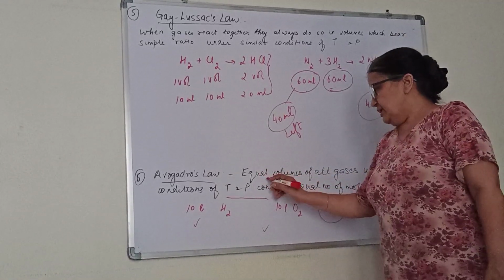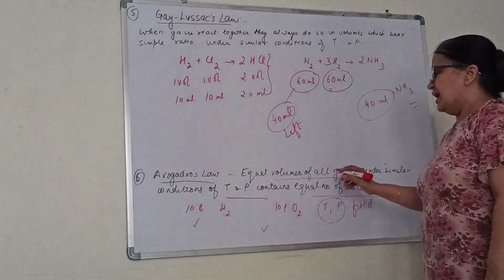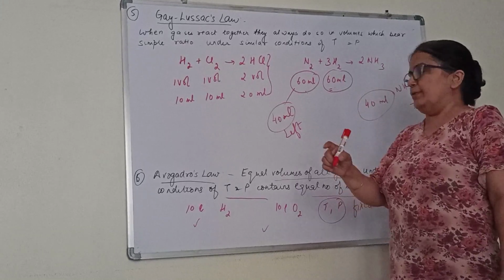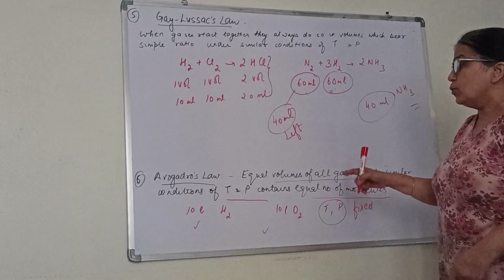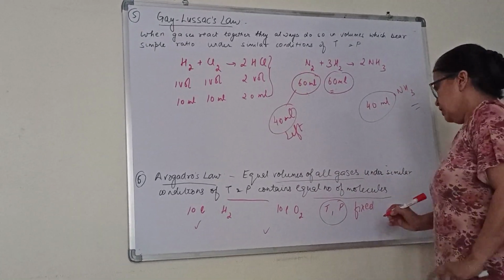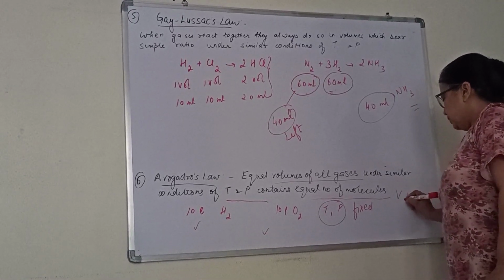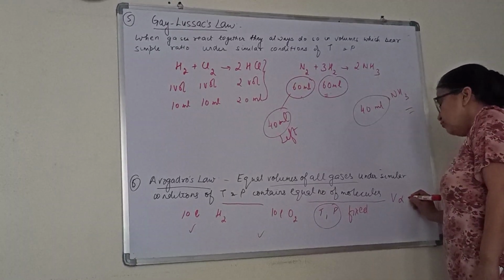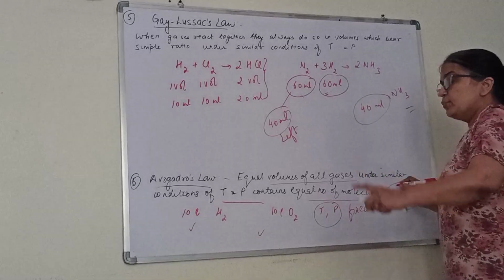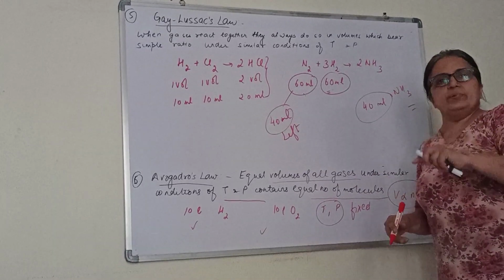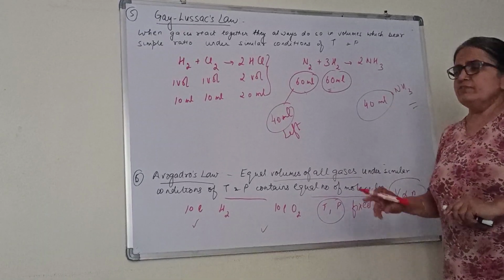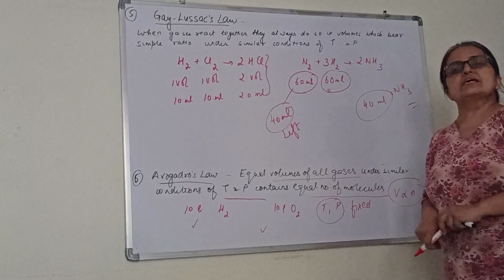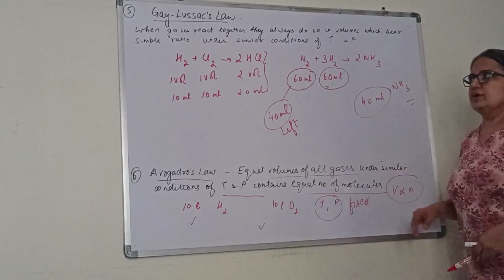So it says equal volumes of all gases under similar conditions of temperature and pressure contain an equal number of molecules. So we can say volume is proportional to the number of molecules present in them, provided temperature and pressure are constant. We will also talk about this law in states of matter. Okay, now you can make note of it.